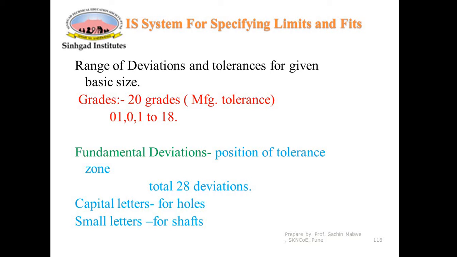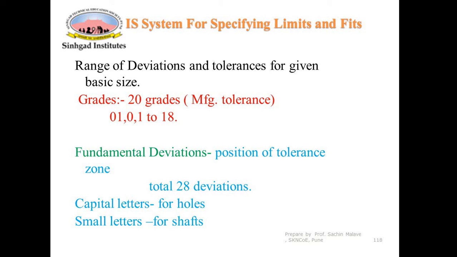There are 20 types of manufacturing grades, ranging from 01 to 18, and there are 28 types of fundamental deviations. Fundamental deviation decides the position of the tolerance zone. I will explain that in the next slide.